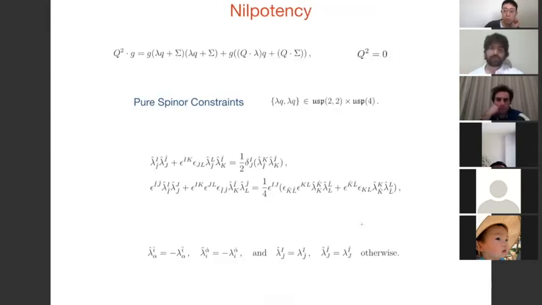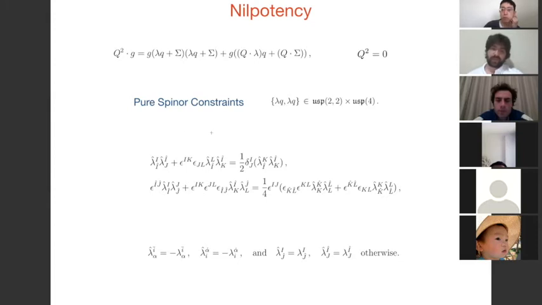Why do they transform? Because we are taking the BRST operator to be nilpotent, acting on any field. And here is why it is important that these lambdas are pure spinors. Basically, for the BRST operator to be nilpotent, it's important that the lambdas satisfy the pure spinor constraint. This is the requirement for the BRST to be nilpotent: that the lambdas are pure spinors.